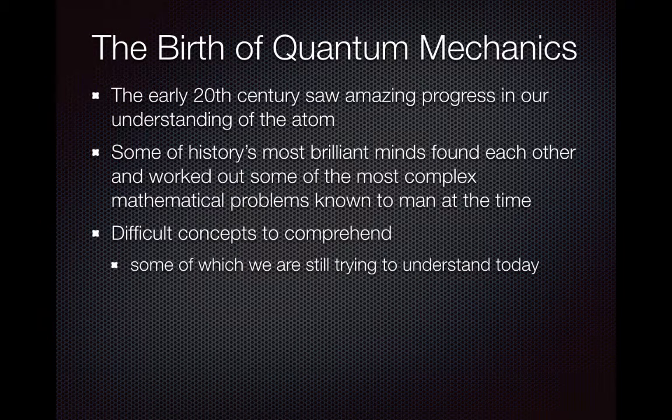You may see some of that in the news occasionally where they're looking at Schrodinger's equation, or some of Einstein's theories, and we still try to understand some of what they came up with almost 100 years ago. So a lot of what we do is still just an approximation as far as quantum mechanics, and we'll talk more about that as we go through this chapter.